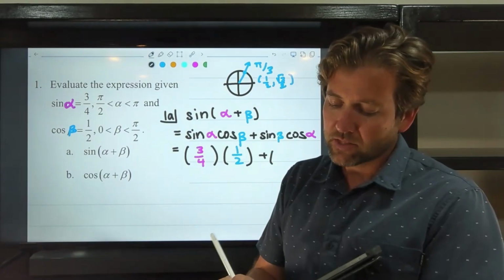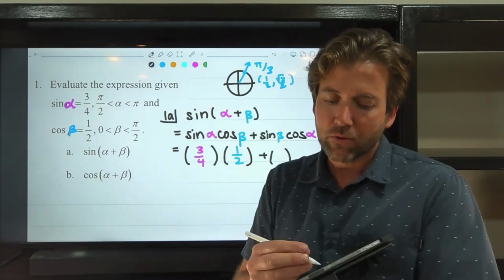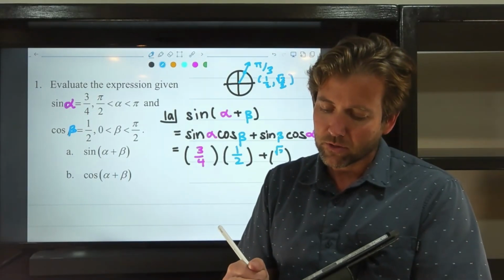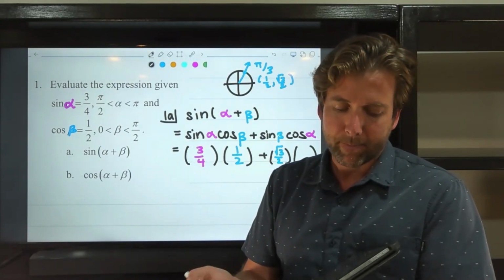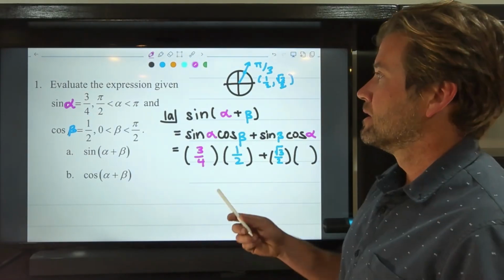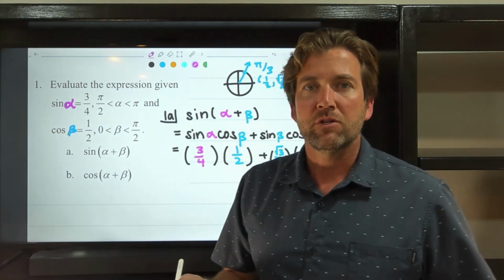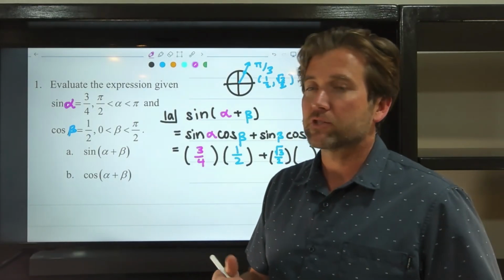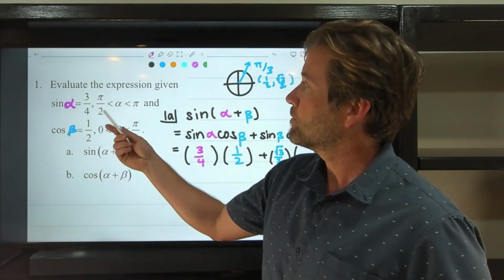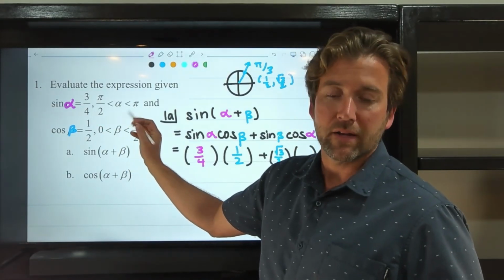So where it says sine of beta right here in our formula, we're going to replace that with the square root of 3 over 2. Cosine of alpha. Now I see sine of alpha is 3/4. I'm not familiar with that value on the unit circle. So I would prefer if I just draw an angle, alpha, and alpha has to be between pi over 2 and pi.